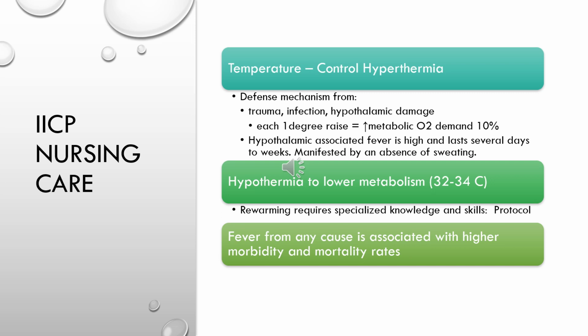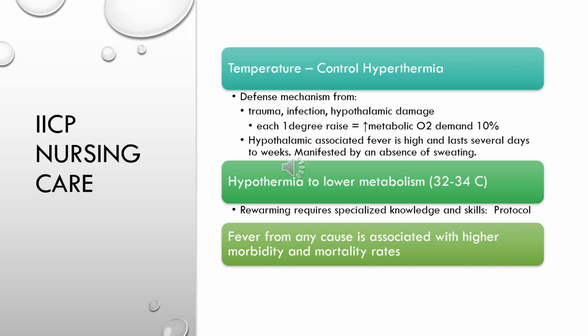So this is a defense mechanism, usually from trauma, infection, or hypothalamic damage itself. A trauma response, you're going to have inflammation or an inflammatory response going on. So you can see here that each degree the temperature goes up, it does increase the demand for oxygen, which is something we don't want, because we need to keep these people oxygenated as much as possible.